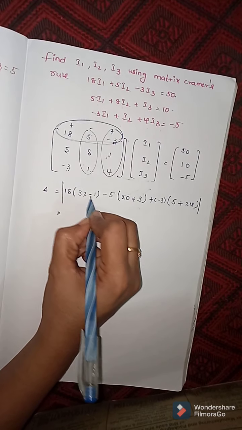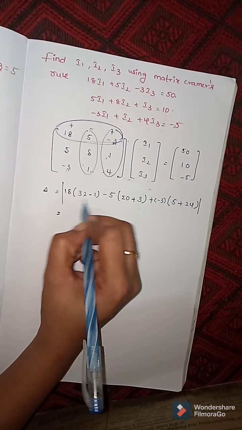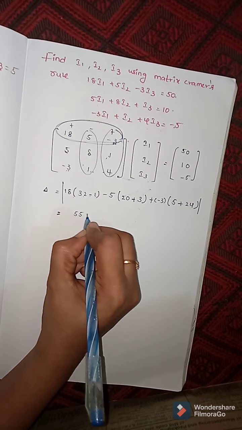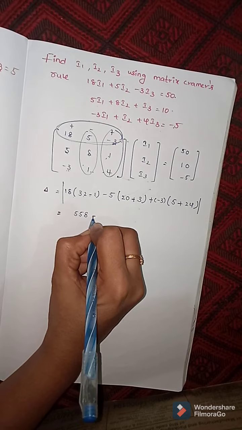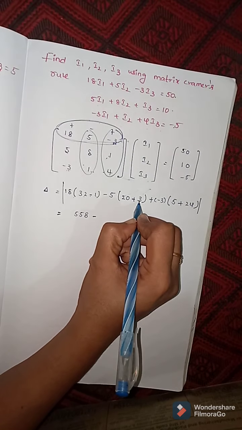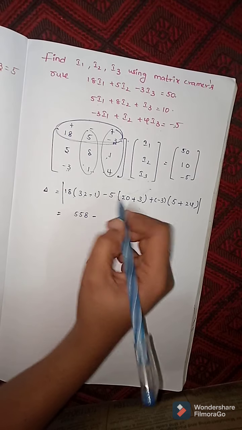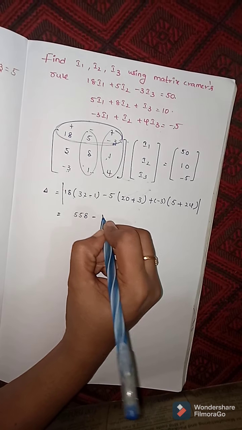Here 32 minus 1, 31 into 18, 558, minus 20 plus 3, 23 into 5, 115.